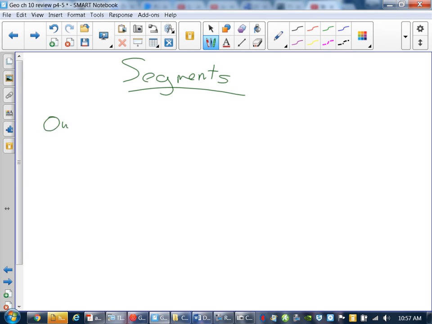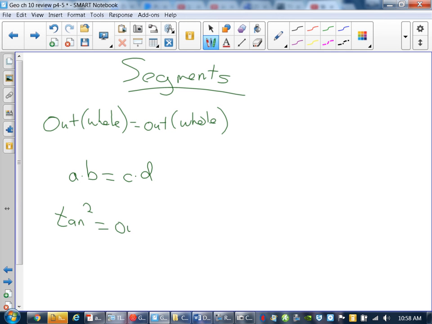So you had your outside whole, which is the outside times the whole. You had your parts for the inside. And then you had the tangent part squared equaled the outside times the whole. And those came from these three pictures.